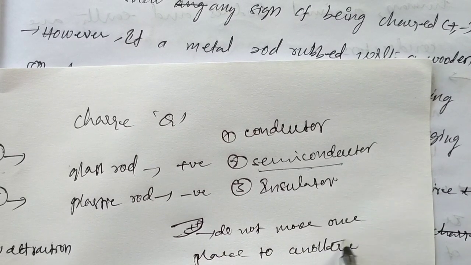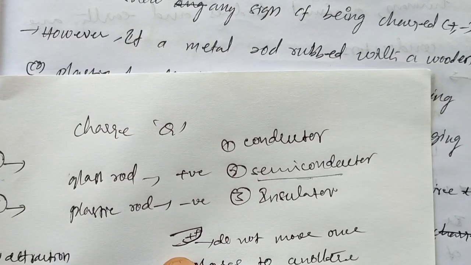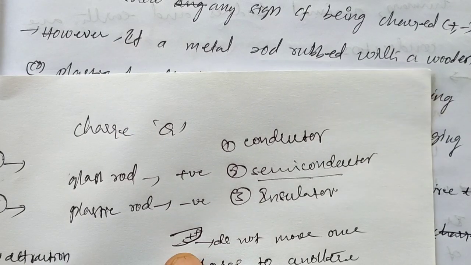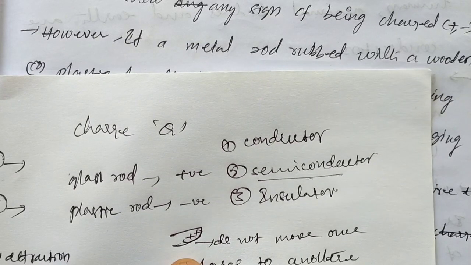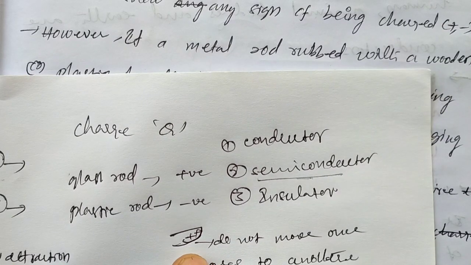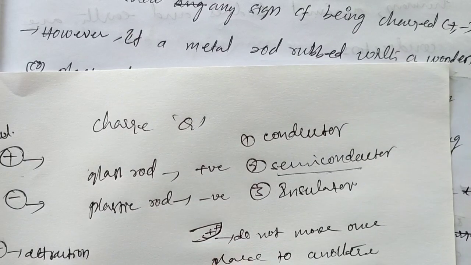When you rub with silk or wool, the glass rod forms positive charge carriers, but these charge carriers do not transfer to another place. This type of material is called an insulator. Suppose some materials transmit the charge carriers from one place to another place, this type of material is called a conductor.